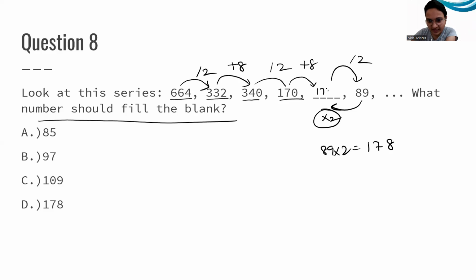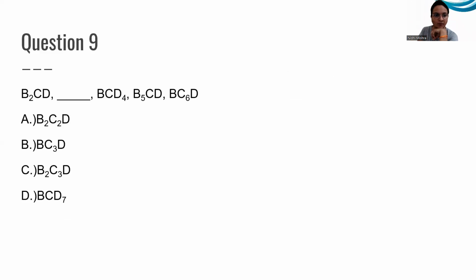Plus 8 is 178, divided by 2 is 89. So this is satisfying. Is this 178 an option? Yes. So this is my answer. This is how you should solve the questions, by elimination and picking the option. Very important. Now let's try to find out the pattern here.